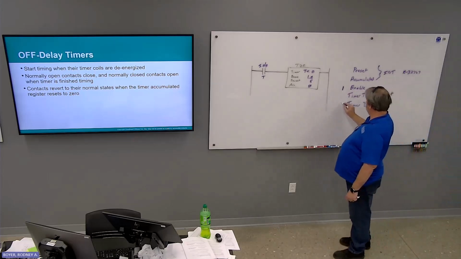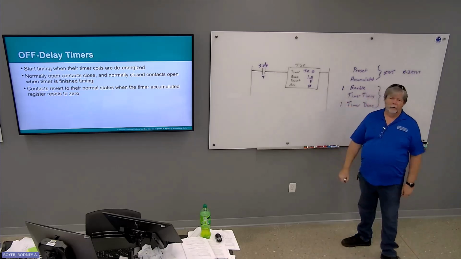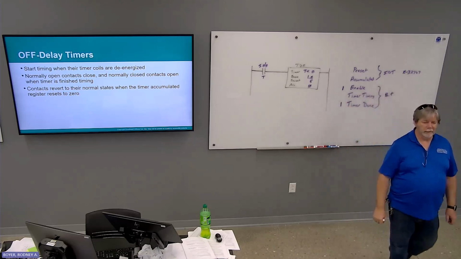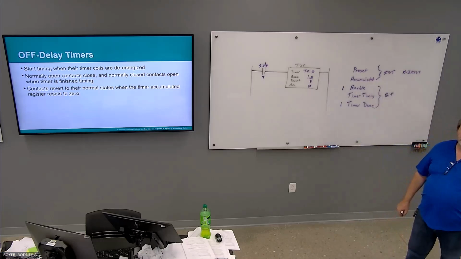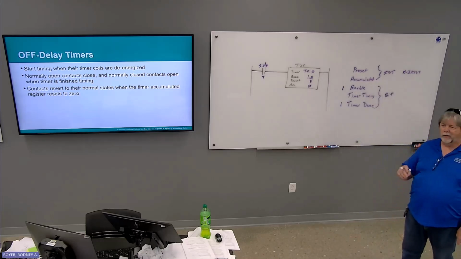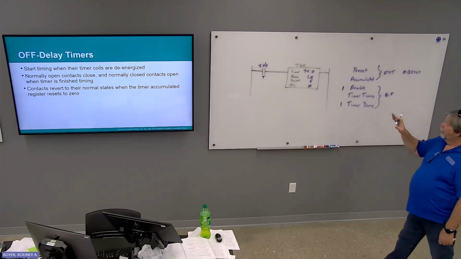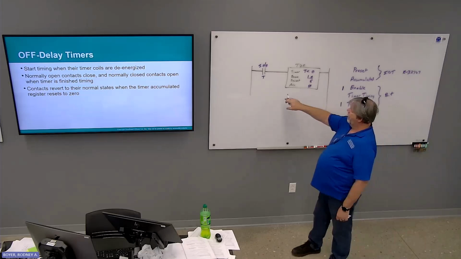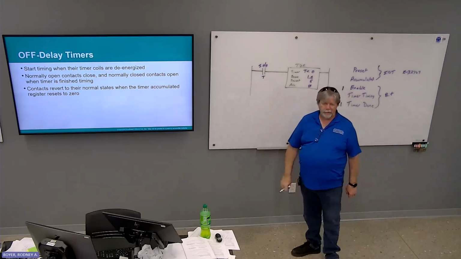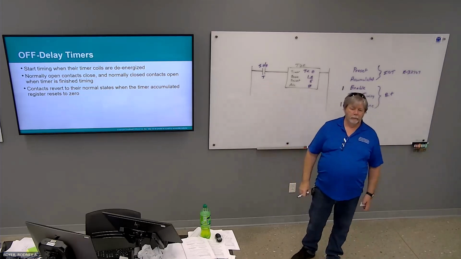The done bit is also going to be set to 1. So as soon as you start it, it's done. It will sit in that state indefinitely as long as your conditional logic evaluates as true.